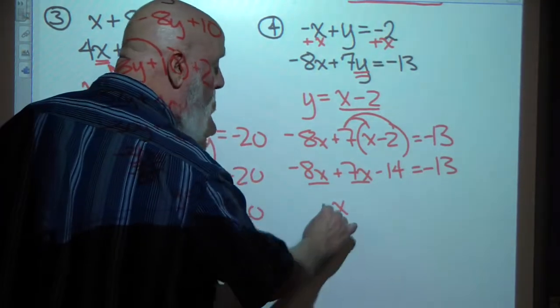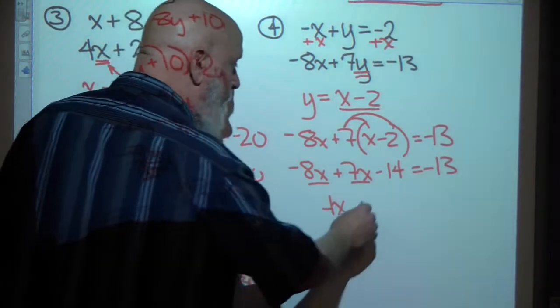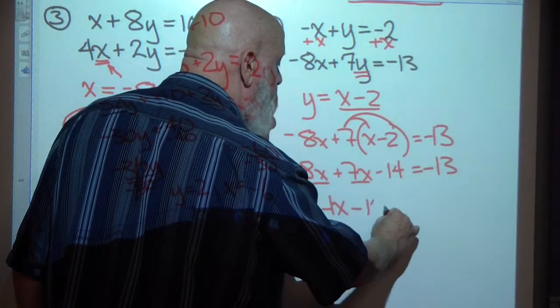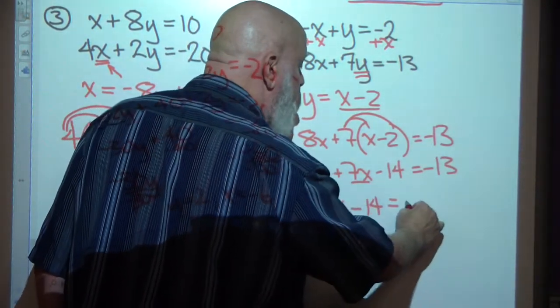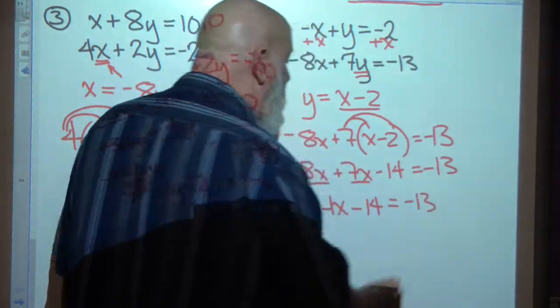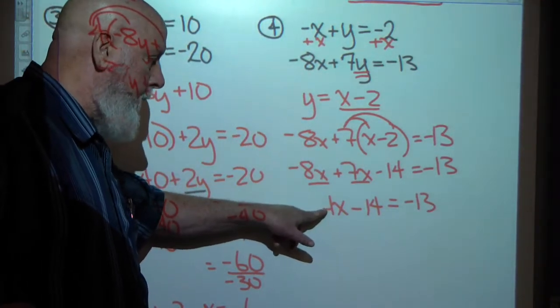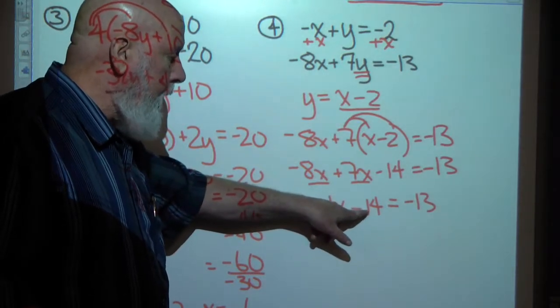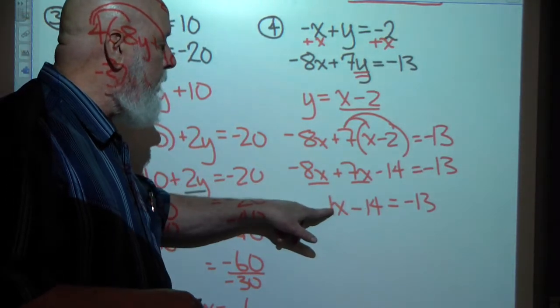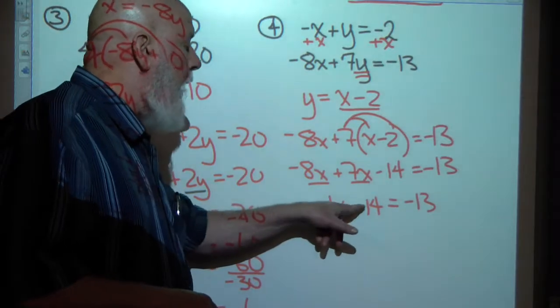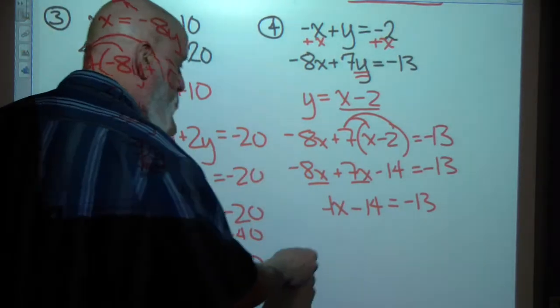You could call it negative 1x if you wanted to, it doesn't matter. Minus 14 is equal to negative 13. And now I'm going to add 14 to both sides and divide by negative 1. To get x by itself, we undo what's added or subtracted, rewrite our equation, and undo what's multiplied or divided. So I'll add 14 to both sides, then divide by negative 1.